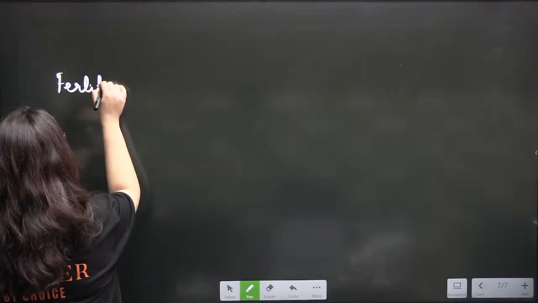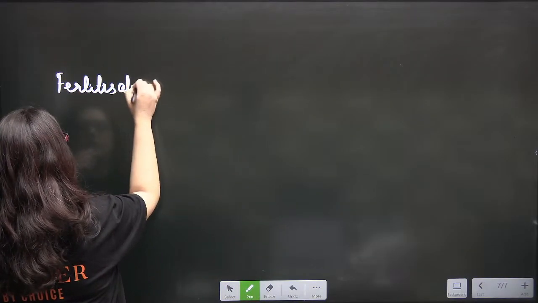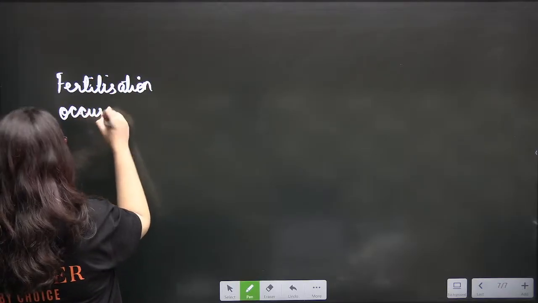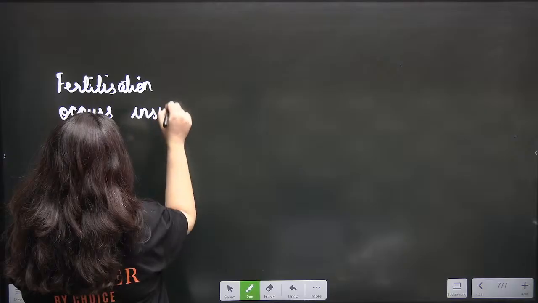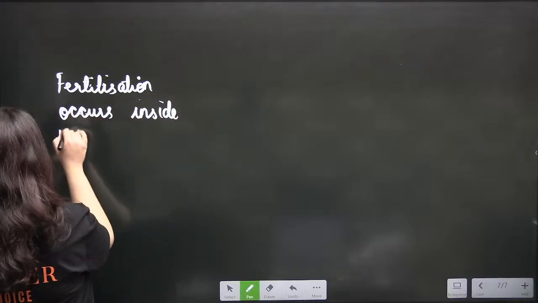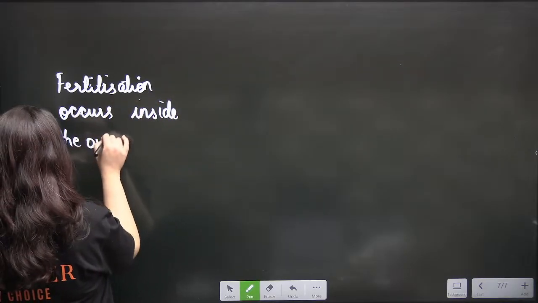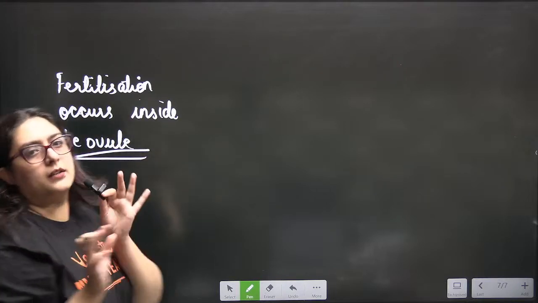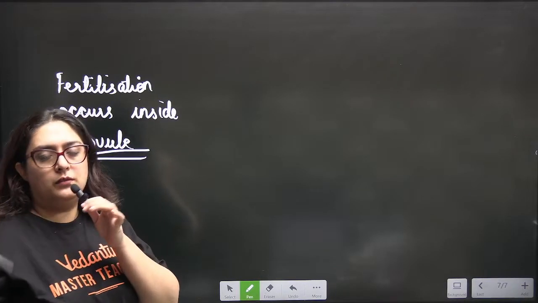Now, where does fertilization occur? Fertilization occurs inside the ovule.